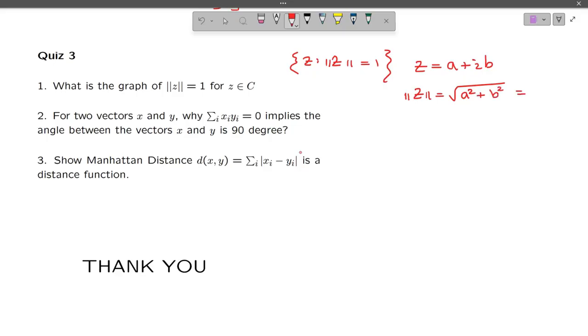And if I set it to 1, then we get a square plus b square equal to 1. That forms the unit circle where the radius is 1. So this is nothing but the set norm z equal to 1.